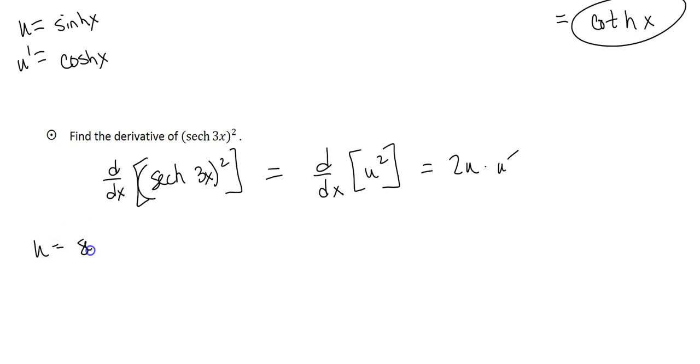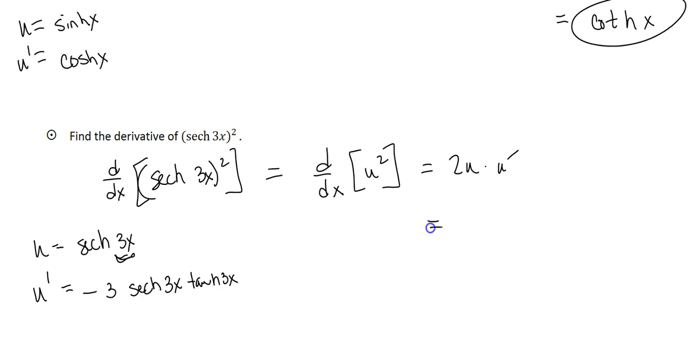So if u is the hyperbolic secant of 3x, then u prime is going to be, remember, the derivative of the hyperbolic secant is negative hyperbolic secant times hyperbolic tangent, but then we need to multiply by that internal u prime, so that would end up being a 3.